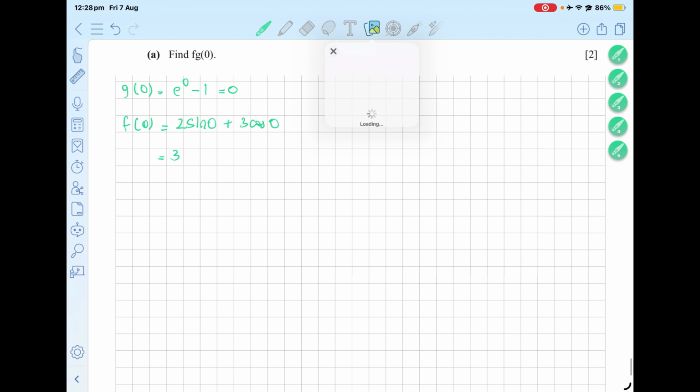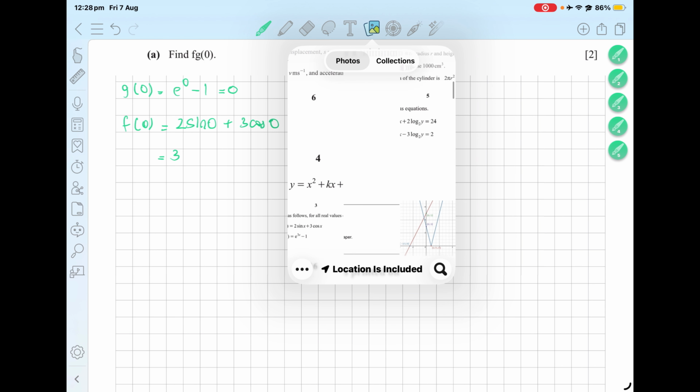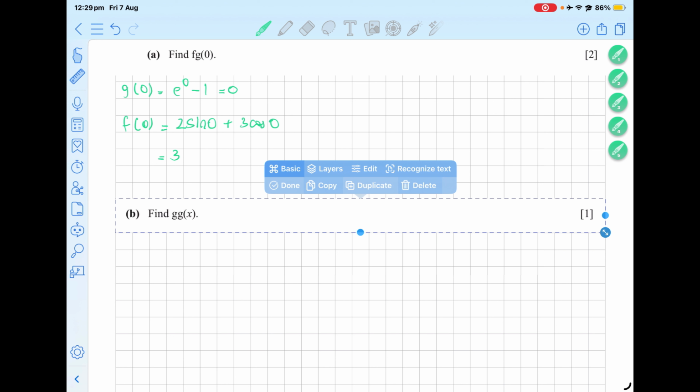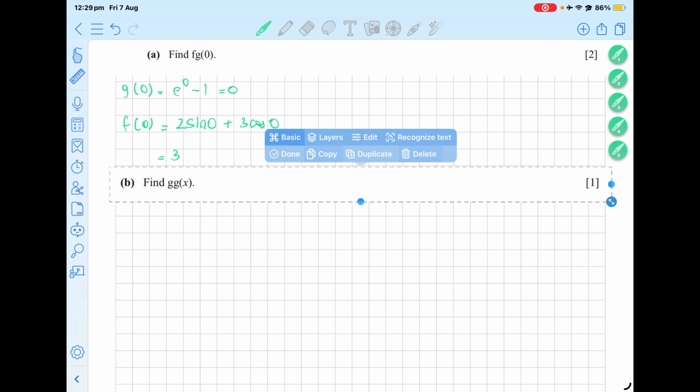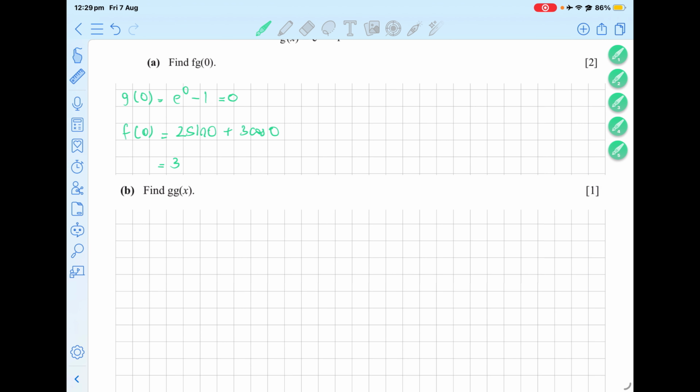Okay, then let's move on to part B. So what is g of g of x? Instead of having x as the input, g of x itself is the input.